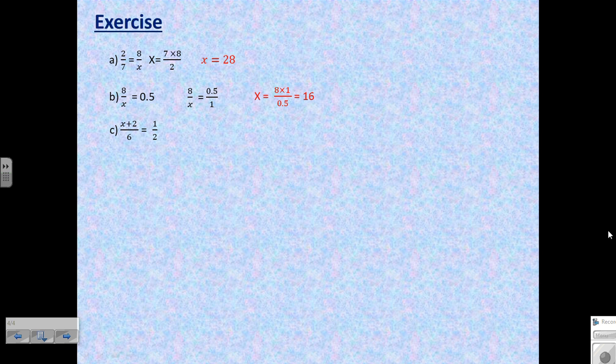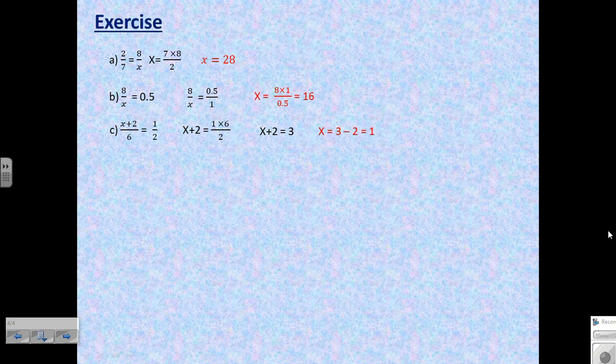Here, 5a equals 7b. Then a over b equals what? Okay, as we know, the product of the extremes equals the product of the means. So 5 times a equals 7 times b. Here are the means, and here are the extremes.